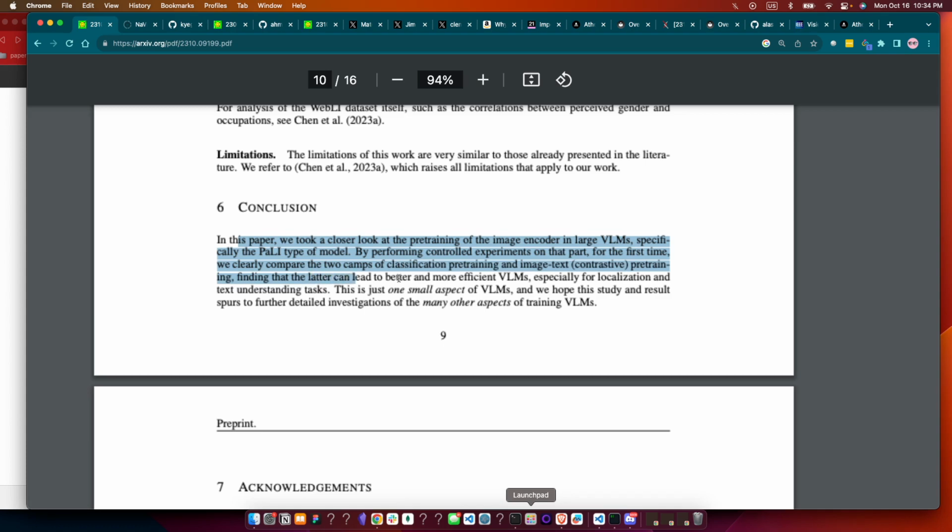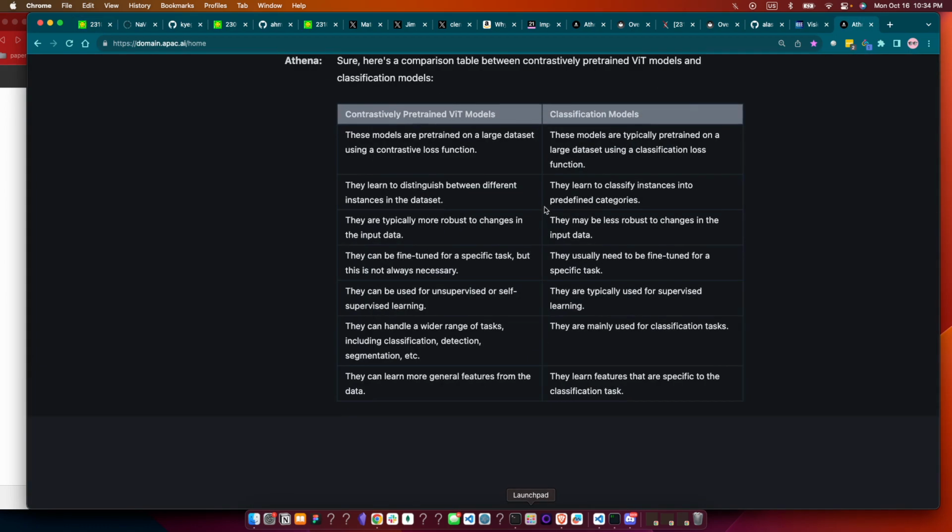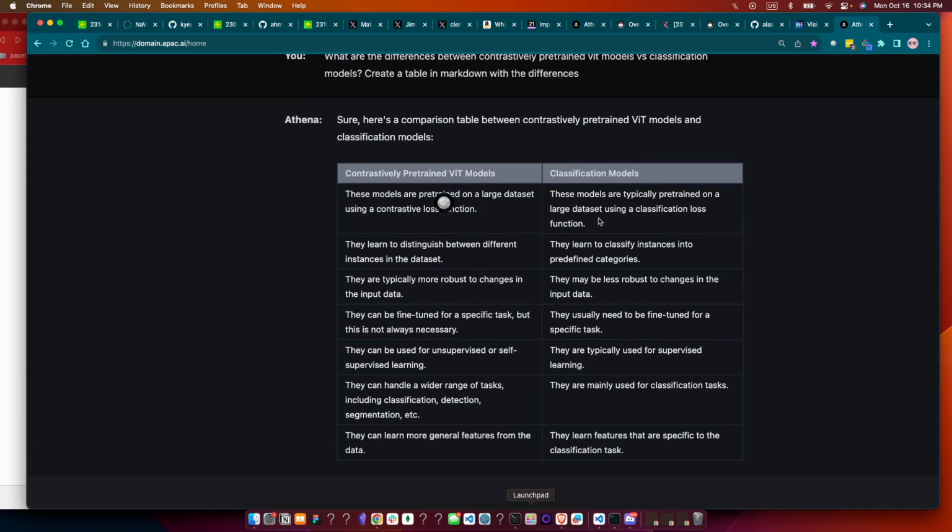The results in Table 1 demonstrate the contrastive pre-training is more effective than classification pre-training. Natural image understanding.